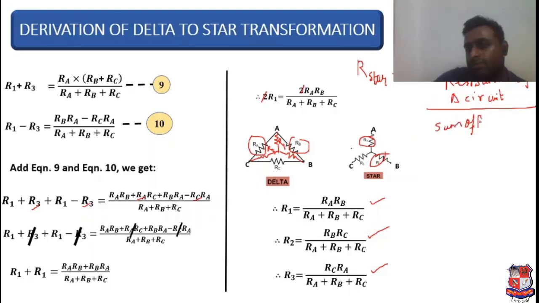This will be the general equation. The resistance of the star connection, suppose this R1, will be the product of neighboring resistances, that is Ra and Rb, divided by the sum of resistance in the delta circuit, that is Ra plus Rb plus Rc.